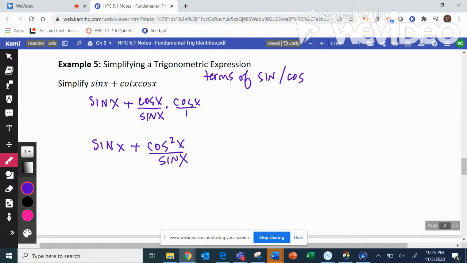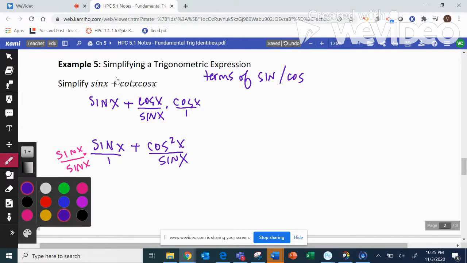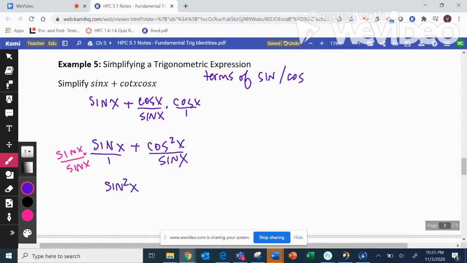And we're trying to simplify this, which means I need to get rid of this plus sign. So right now, I've got two fractions. In order to get rid of the plus sign in between them, I'm going to add fractions, which means I need a common denominator. So I'm going to multiply the first term by a value of 1. That changes the denominator into sine x. So I'll have sine squared x over sine x plus cosine squared x over sine x.